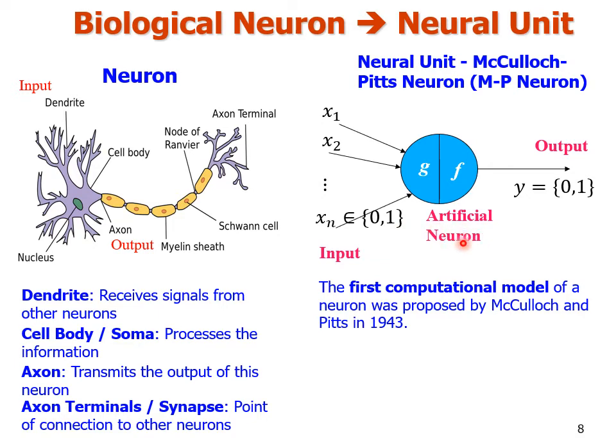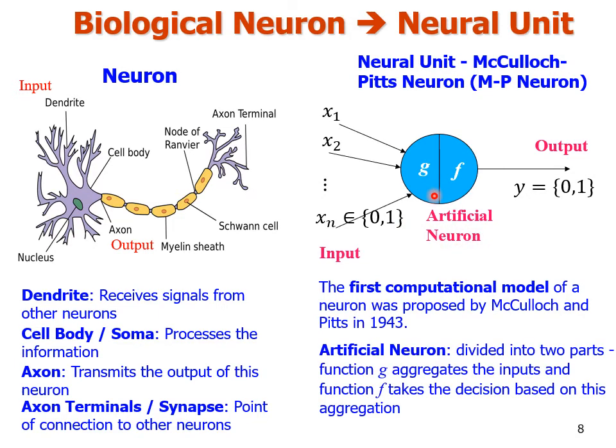This artificial neuron is divided into two parts, function G and function F. Function G aggregates the inputs and function F takes the decision based on this aggregation, and this artificial neuron produces an output Y. The output Y is also of binary nature.